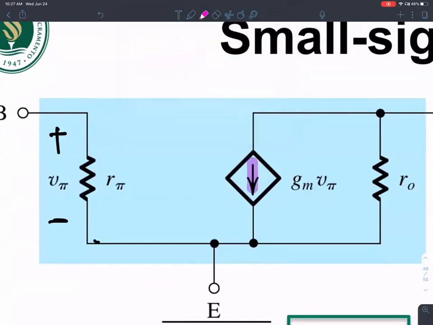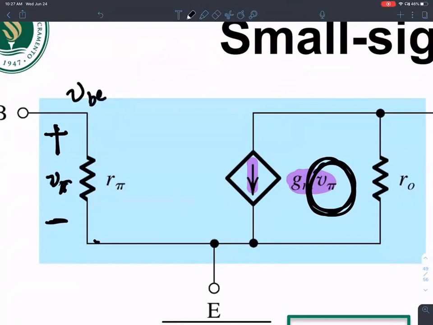I have a current source whose value is dependent on V pi. What is V pi here if it's not the voltage VBE? This is not capital VBE, which is 0.7 volts.